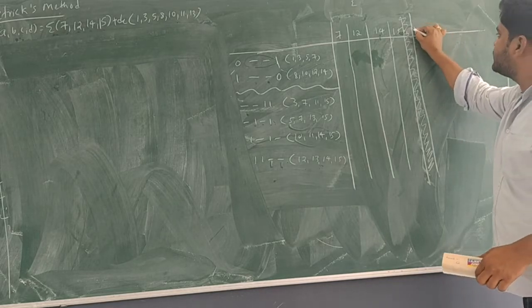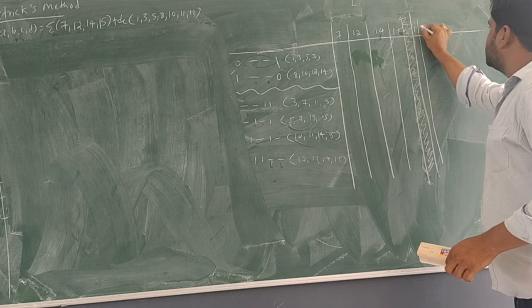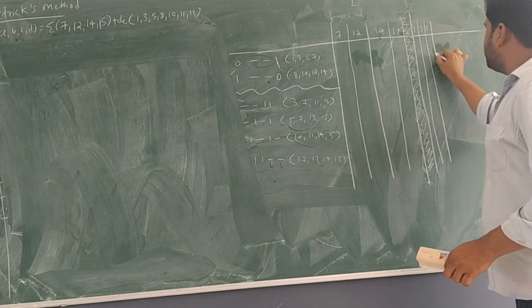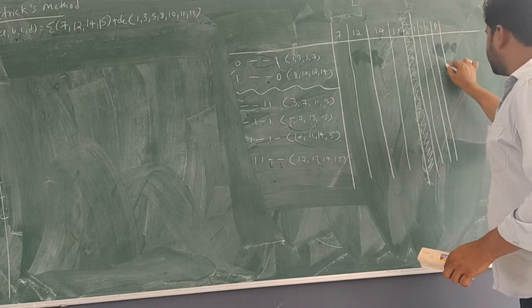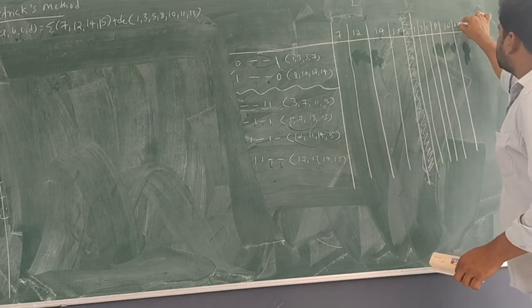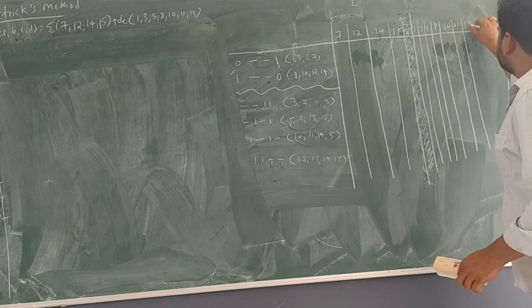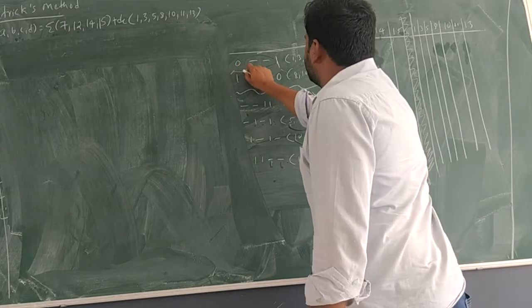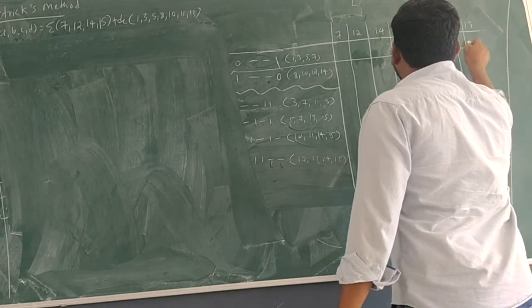What are the DC set? 1, 3, 5, 8, 10, 11, 13. Okay, now it is the time to put the X symbol in a row or columns.